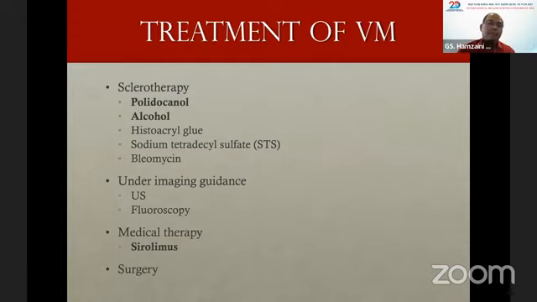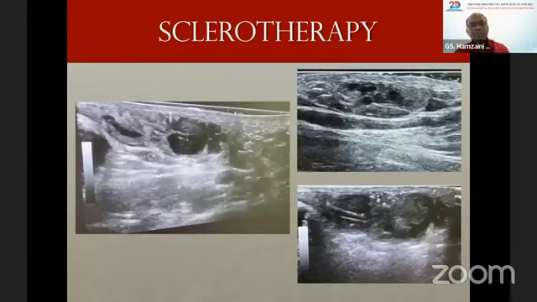It is usually done under ultrasound-guided or fluoroscopy-guided. In some cases where it is very complex, the venous malformation is everywhere and involves a deep organ that we cannot puncture, then we start with sirolimus treatment.